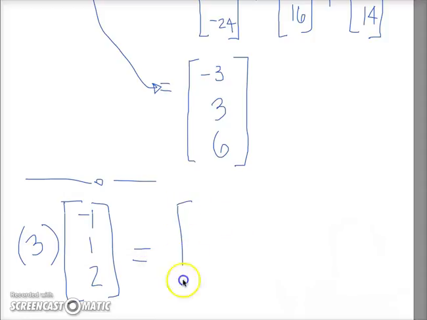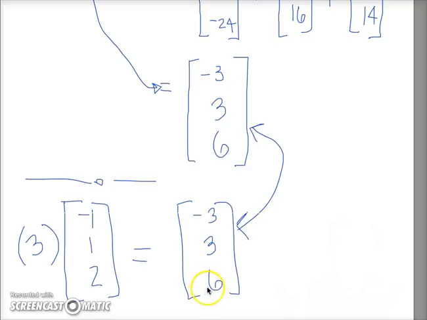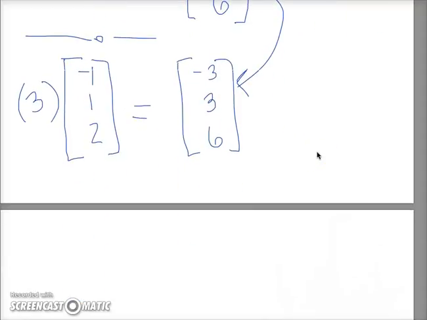By doing this multiplication, we obtain the vector minus 3, 3, and 6. And so we observe that both of these are exactly the same, and this is exactly the verification that we needed to do. So we have concluded that both of these things are exactly equal.